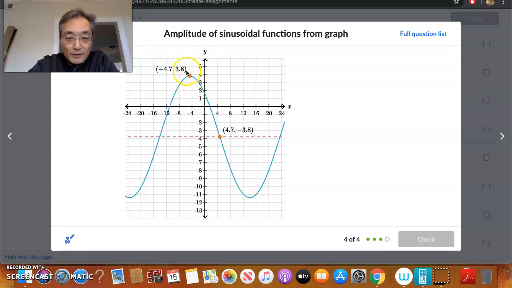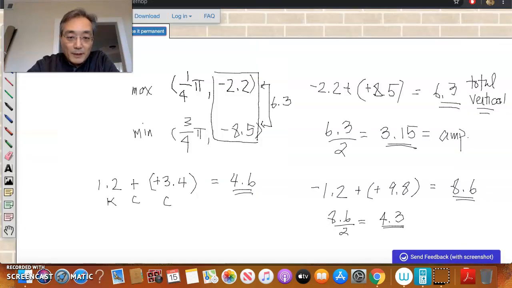So it's going to be 3.8 minus negative 3.8.